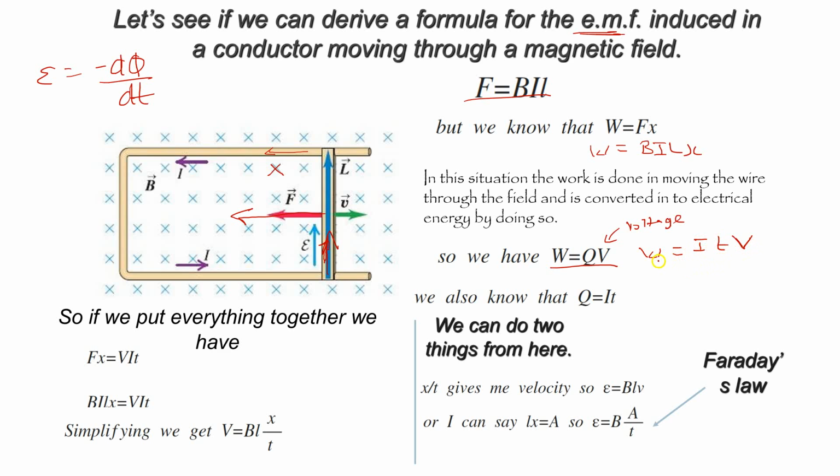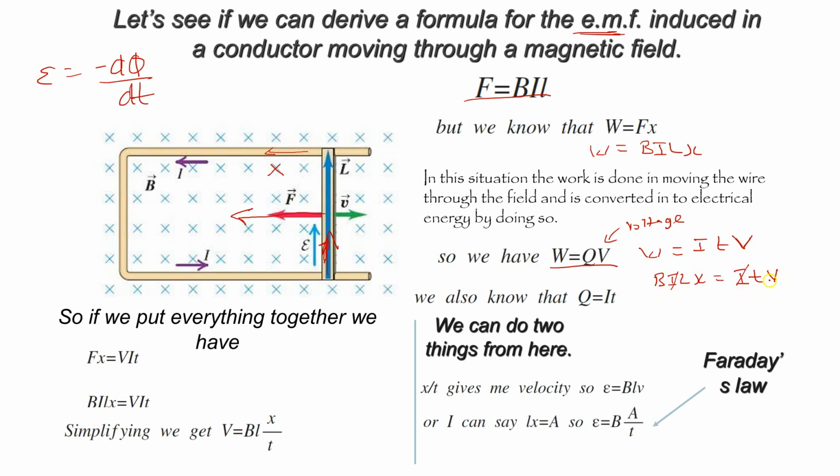Now, by putting the two work equations together, we're just equating both things. So B times I times L times X is equal to I times T times V. But we can see here that I is going to cancel out I. And then we want V to become the subject.